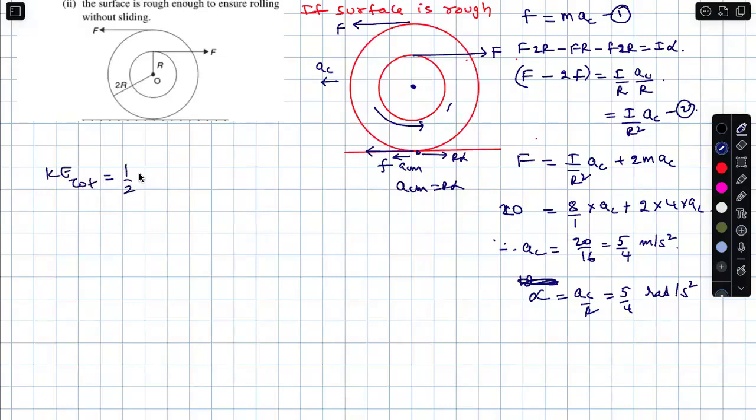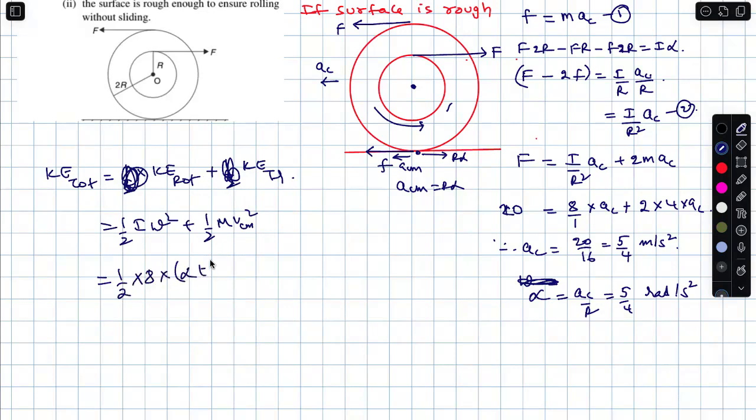KE total is KE rotation plus KE translation. Half I omega square plus half M VCM square. Half into 8 into alpha T square plus half into 4 into ACT square.